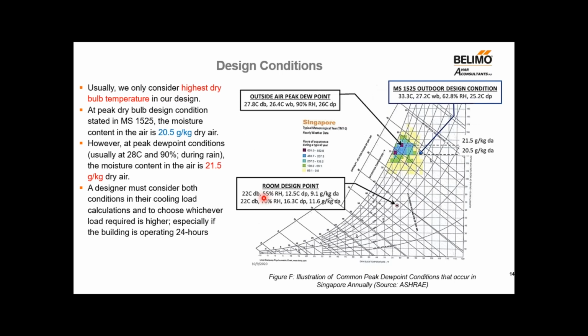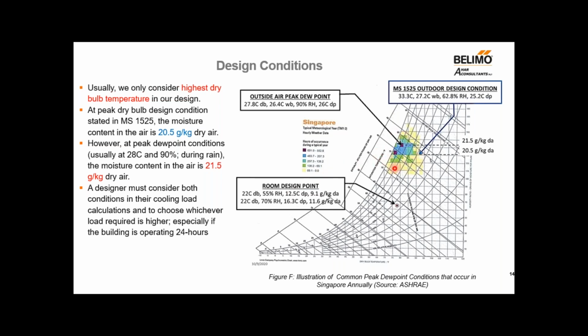Normally, as a designer, we only consider peak dry bulb as the design condition. However, if the building is operated in the tropics, where high humidity is common, peak dew point must also be considered.